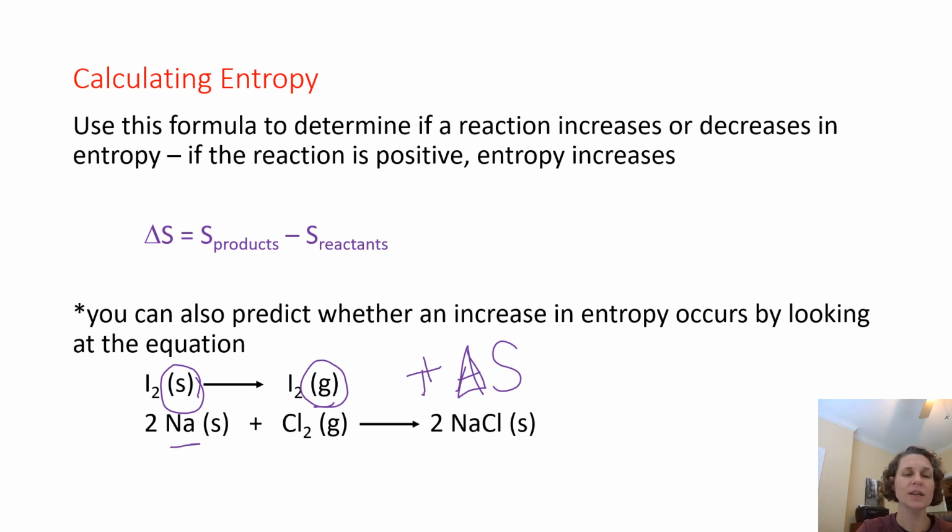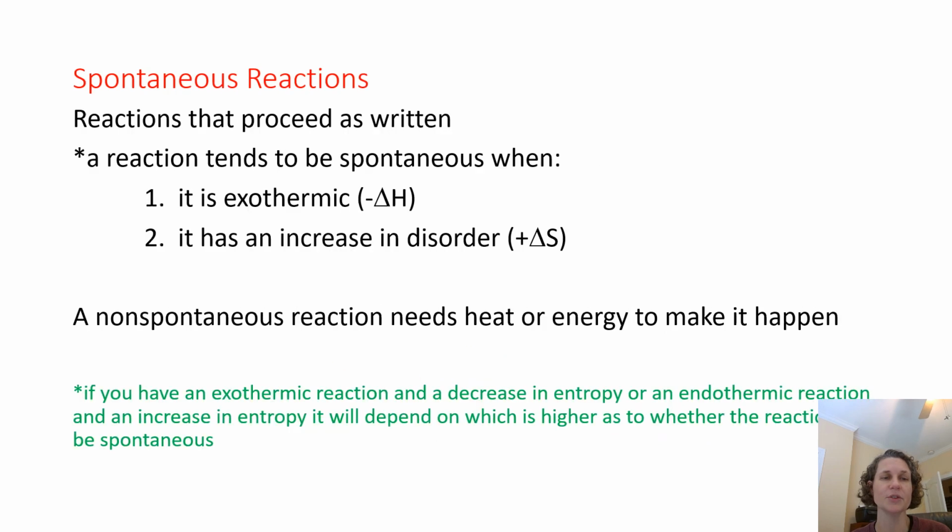If you take two things and you combine them, you put them together into just one thing, you're actually decreasing your disorder. You're making things more orderly, so you would have a negative delta S. Again, it's kind of common sense. You just have to kind of keep it straight in your mind as far as how the signs are going.